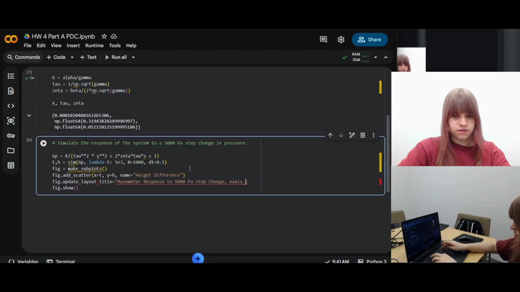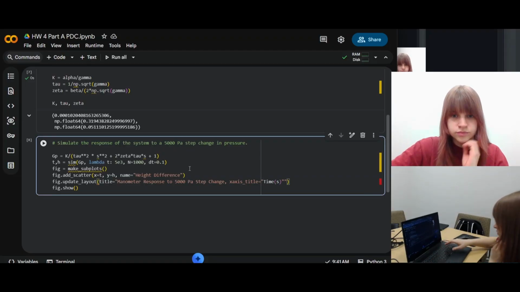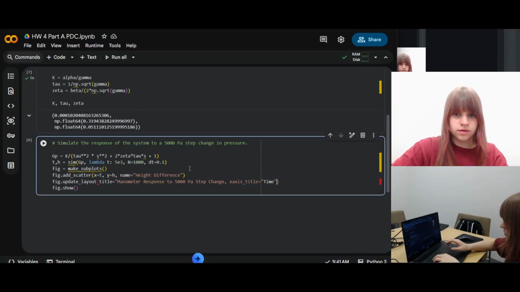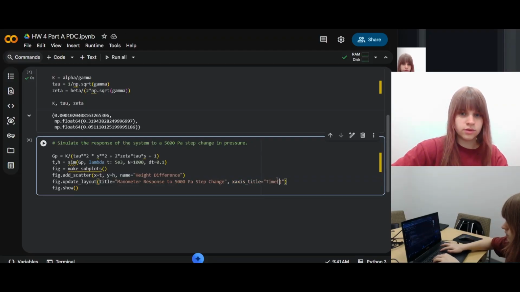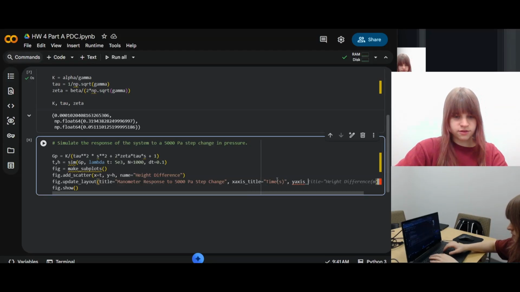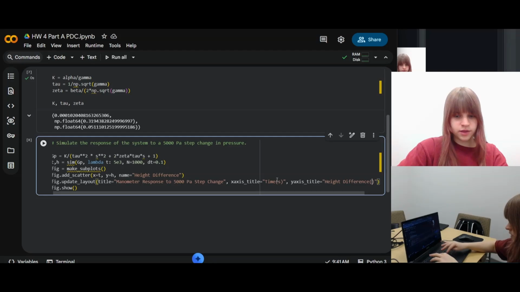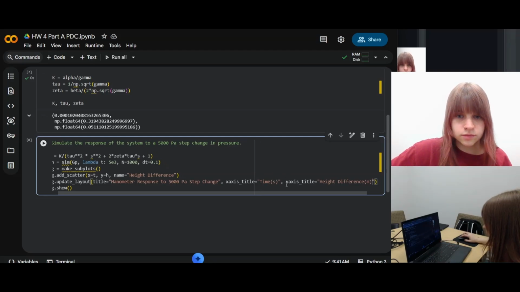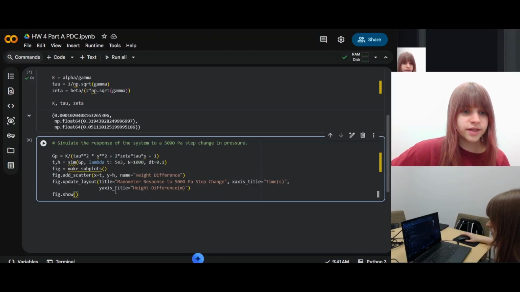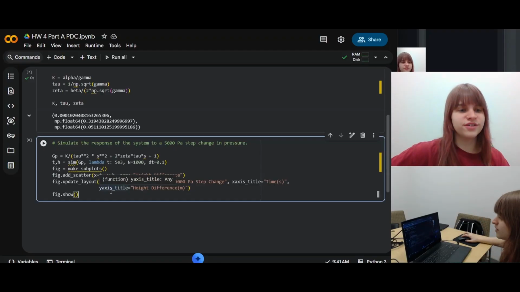The x-axis title should be time in seconds. And the y-axis title is the height difference, and this would be in meters. And then we would obviously like to show our figure.